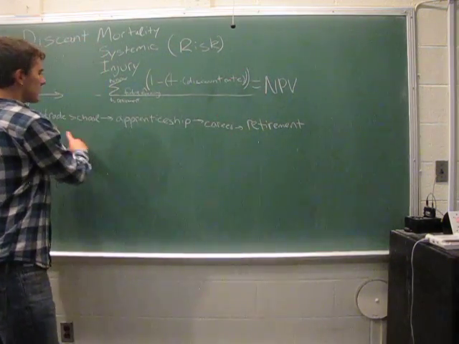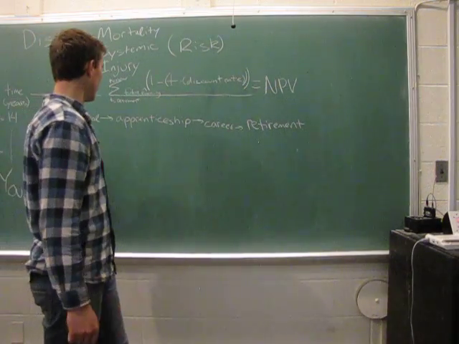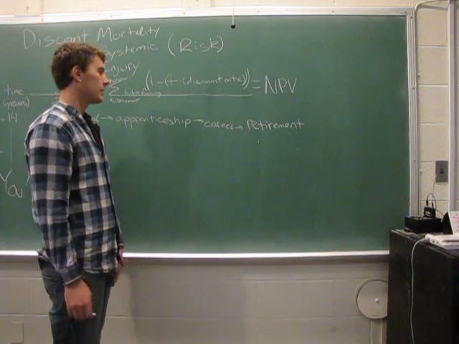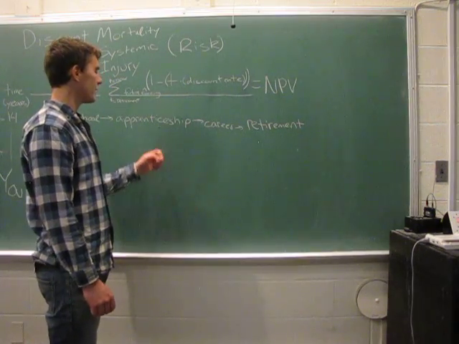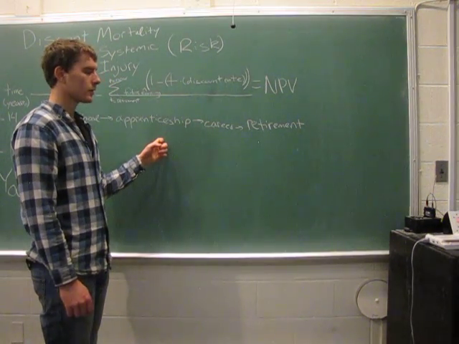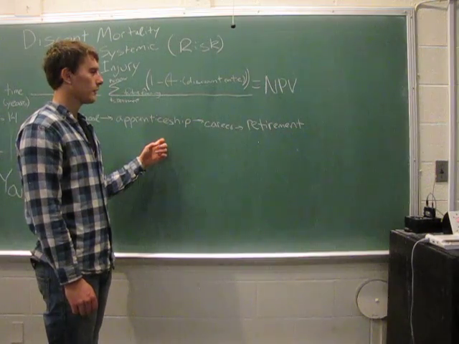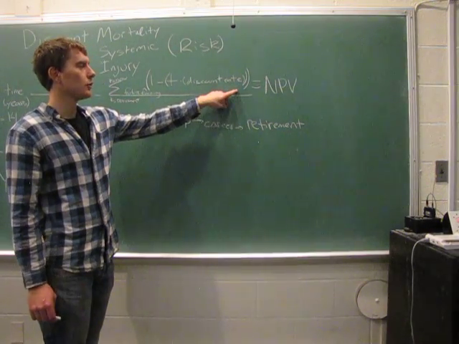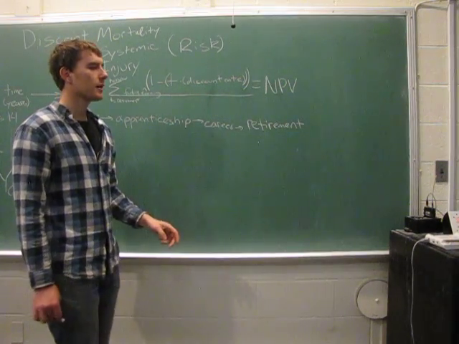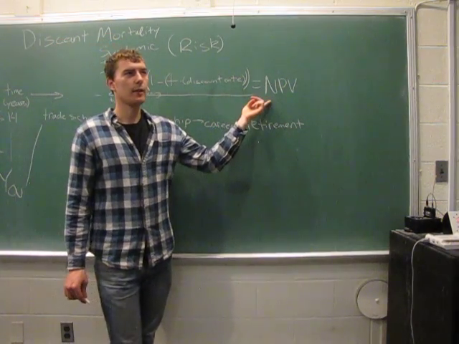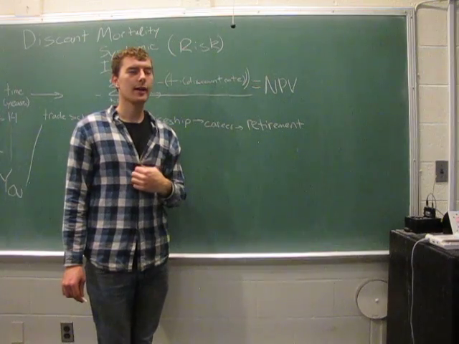So in this case, mortality risk is going to be the thing we're most concerned with. So since every course of action you choose has a mortality risk, you don't need to really compute a net present value, because the net present value isn't as meaningful as the relative net present value.